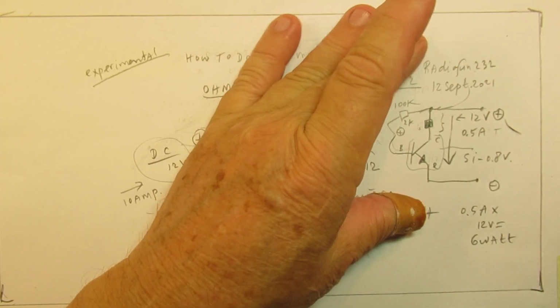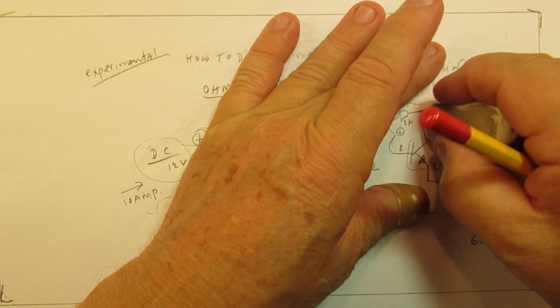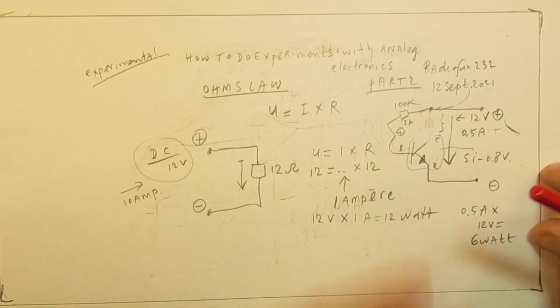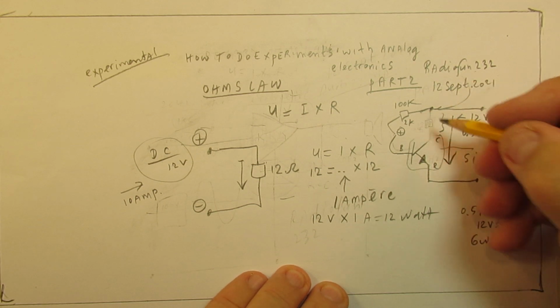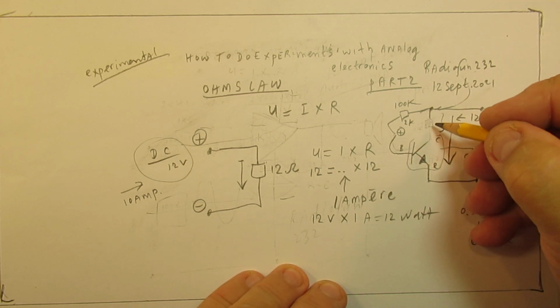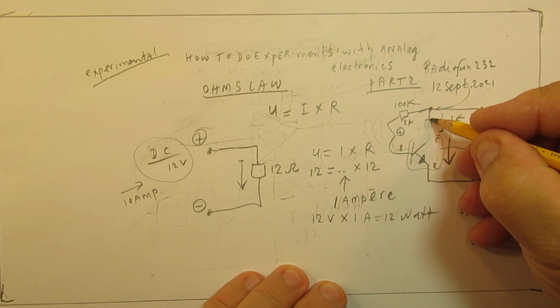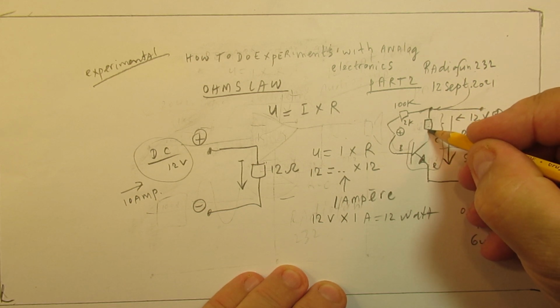And when we use, for instance, here, and that's more or less the practical situation, a resistor or a coil, could be a relay coil of 120 ohms.